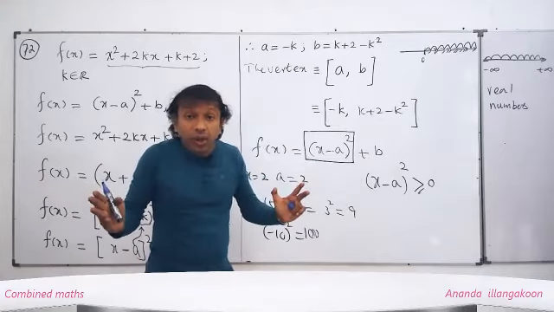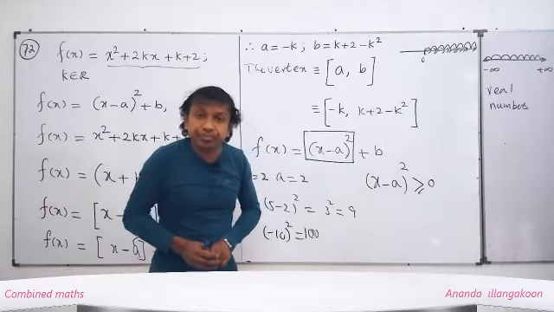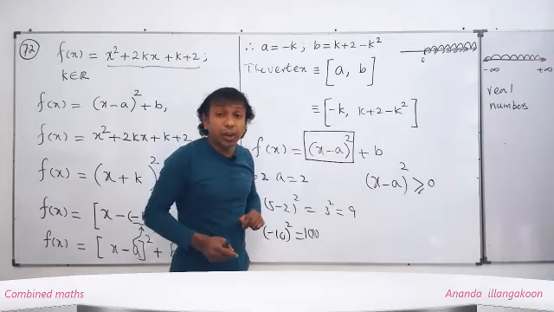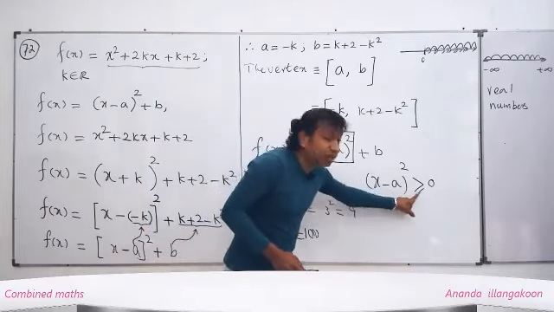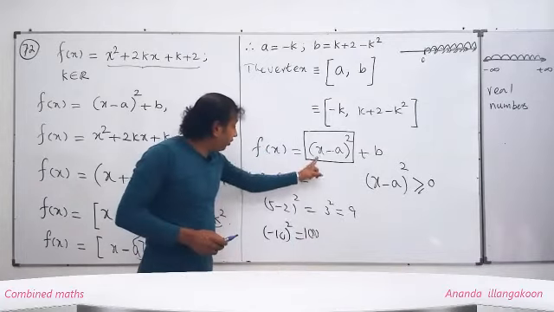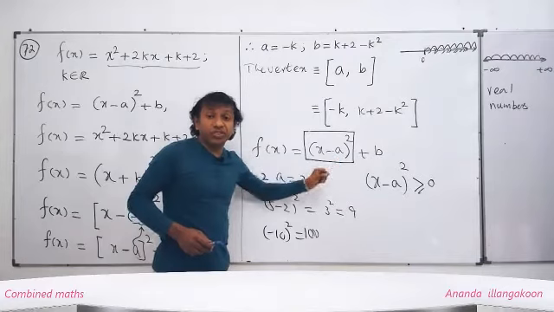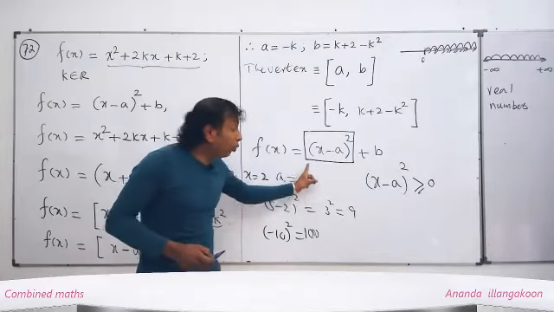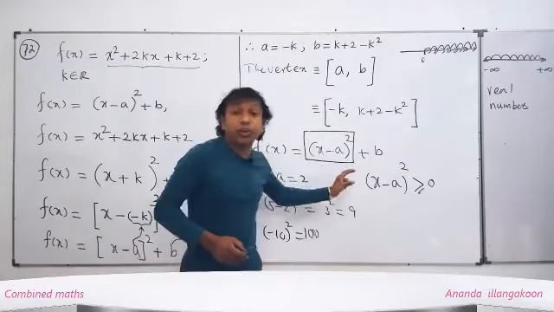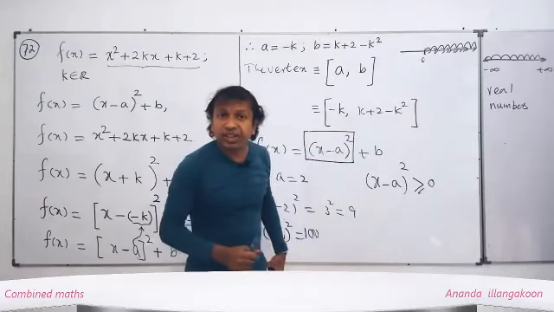But people, what can you say about the minimum value this x minus a perfect square can take? It is 0. Why? We said when x is 2, a is 2, 2 minus 2 is 0, 0 squared is 0. So even though we can't give the right hand side a maximum value, we can give a minimum value to the right hand side.